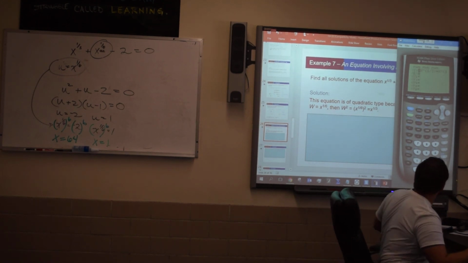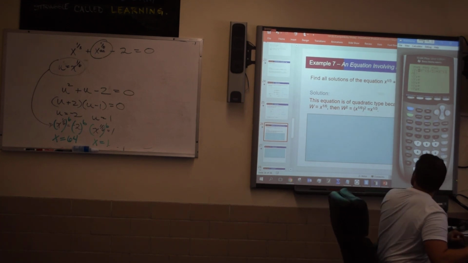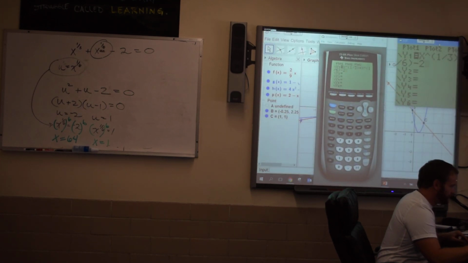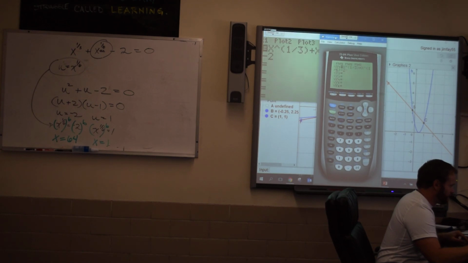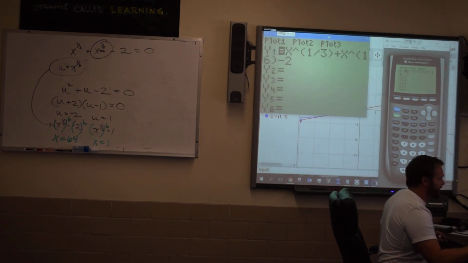And when you're typing in fractions, rational exponents, make sure you put them in parentheses. It's going to save you a lot of heartache later on.